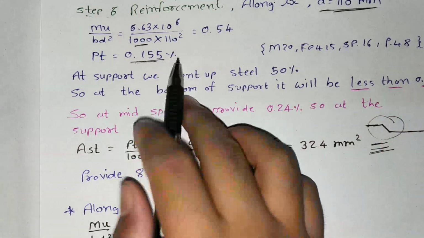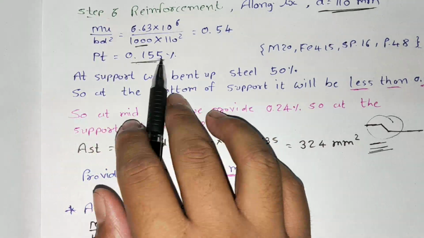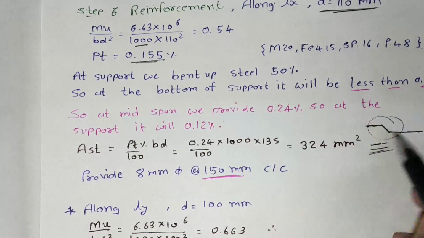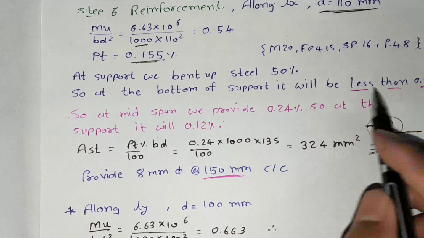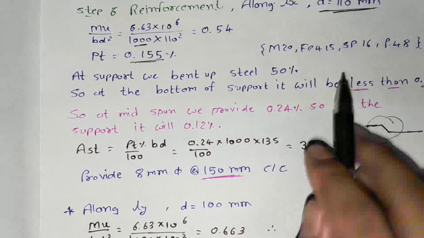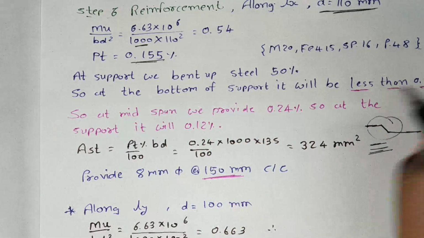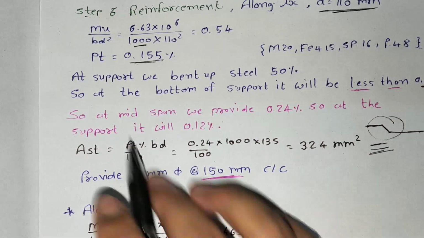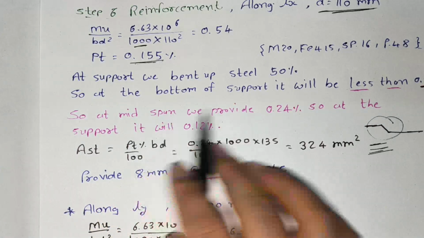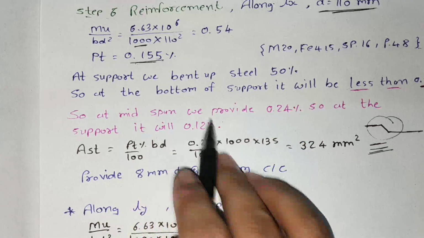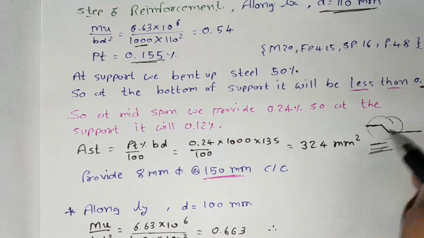This means we have to provide 0.155% steel if we are providing 50% steel as bent up bar. So the value is near about 0.15 or 0.07, and we require a minimum of 0.12. So at mid span we provide 0.24%, and at the support it will be 0.12%.